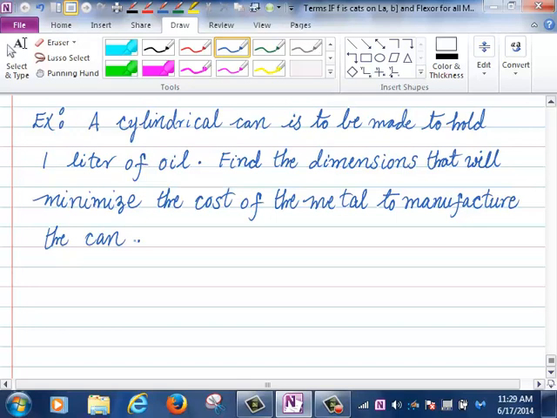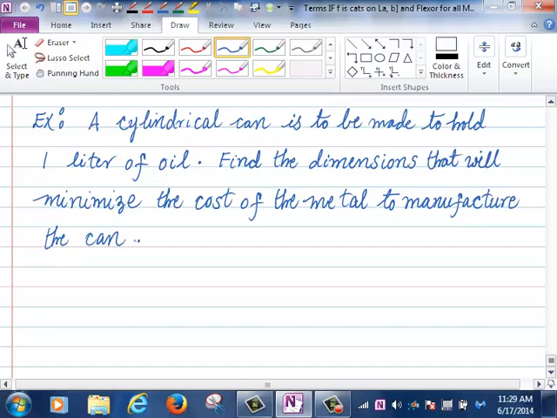The surface, top, bottom, the side, all of it. Is everybody clear on that? So to minimize the cost here means to minimize the surface area, because if I minimize the surface area, then I'm minimizing the amount of metal that I need to use for each can.